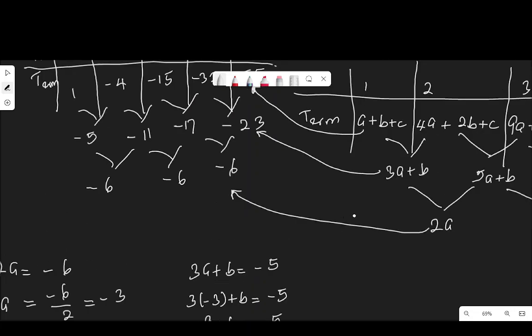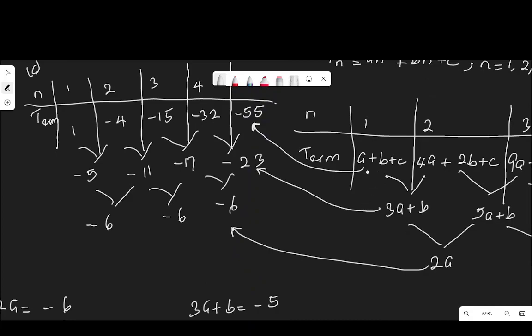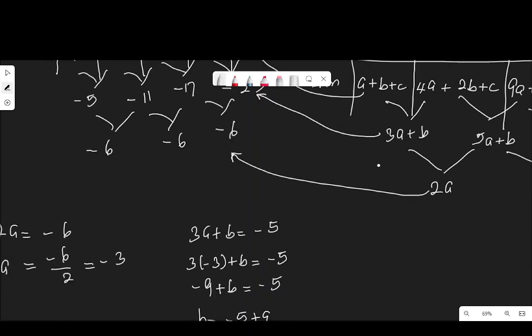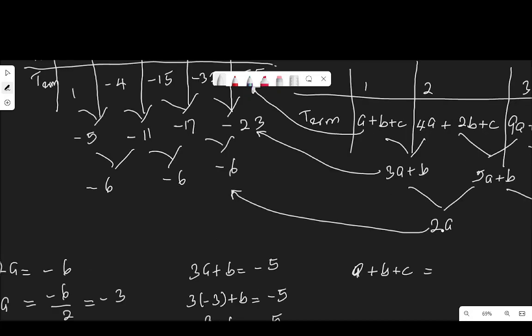Now let's solve for c. For c, I will compare this element here, a plus b plus c, which corresponds to 1 here, or 4a plus 2b plus c corresponding to minus 4 there. Let me take a plus b plus c equal to 1.